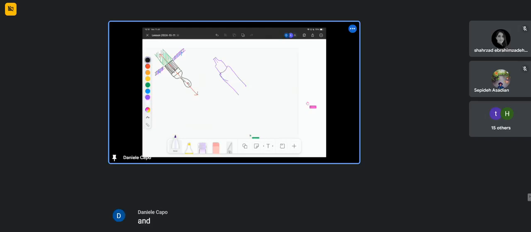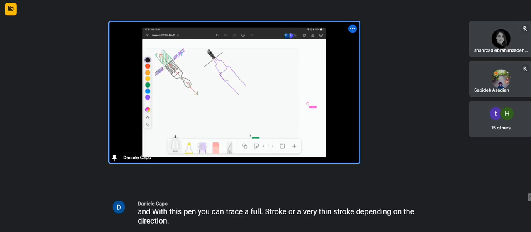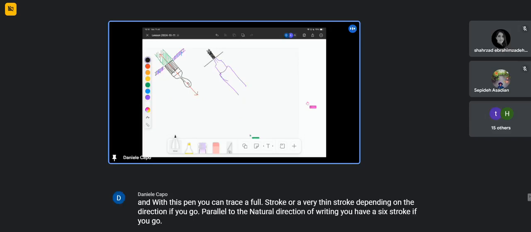And with this pen, you can trace a full stroke or a very thin stroke, depending on the direction. If you go parallel to the natural direction of writing, you have a thick stroke. If you go perpendicular to the natural direction, you have a thin line.